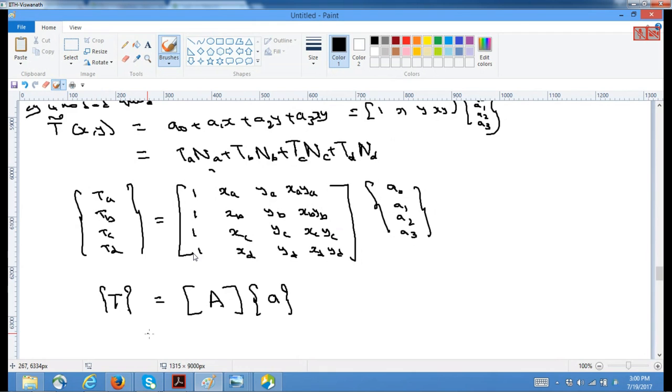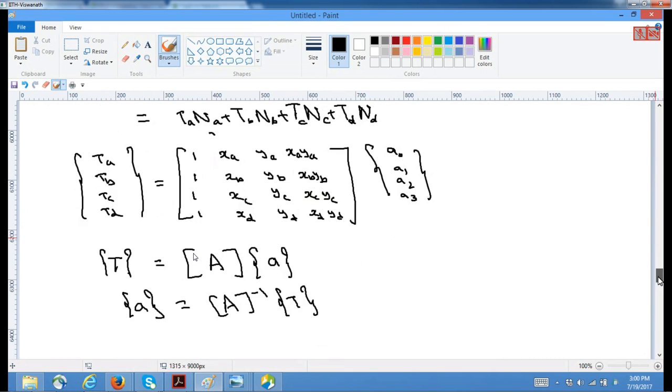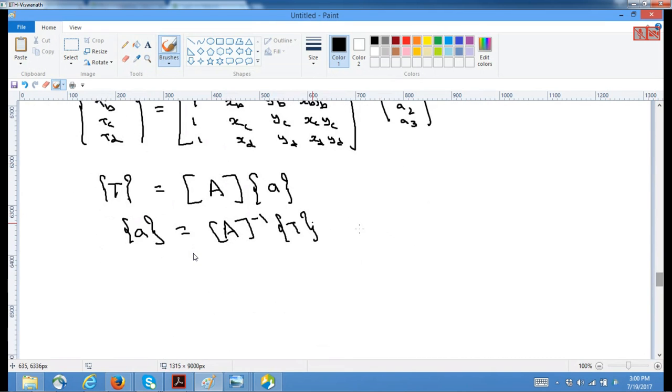So for that, I will define a is equal to capital A inverse times my temperature at the given nodes. Then I know this is nothing but a0, a1, a2, a3.